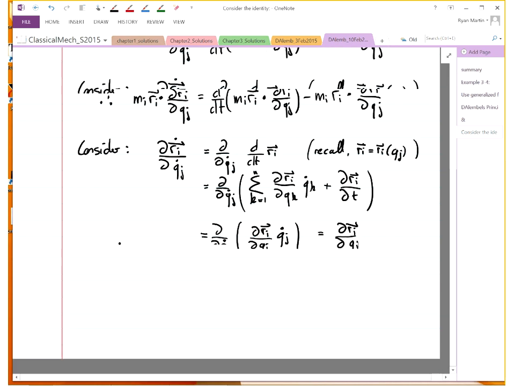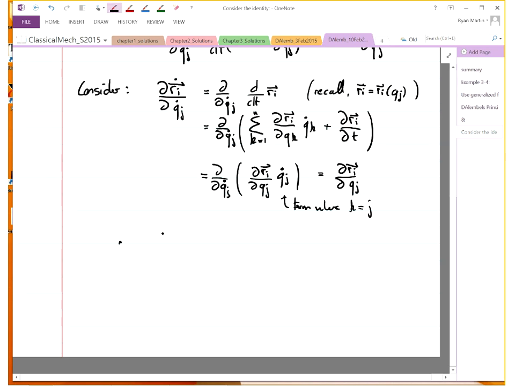And so the identity that we found here is that ∂r_i vector dot/∂q̇_j is equal to ∂r_i/∂q_j. So it just means you can take the dots off from the other side of the equation. But it's not trivial. Okay?